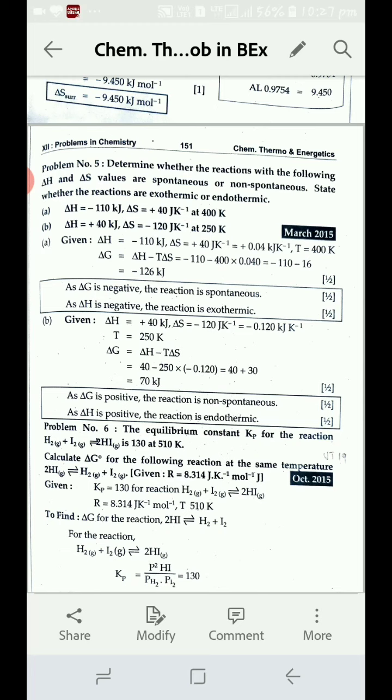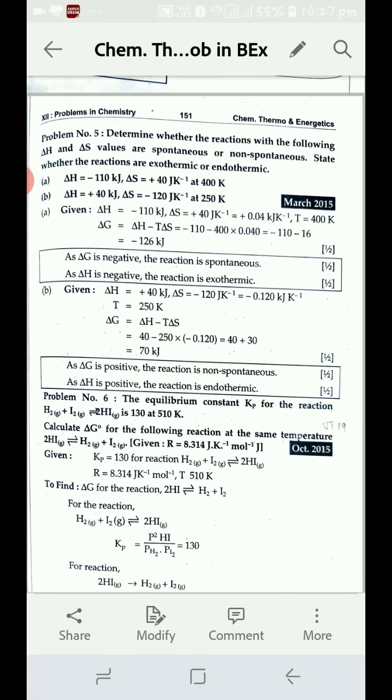So Kp is equal to partial pressure of HI raised to 2, divided by partial pressure of H2 into partial pressure of I2. So check the coefficient and write it as a power of the respective partial pressure of that gas.